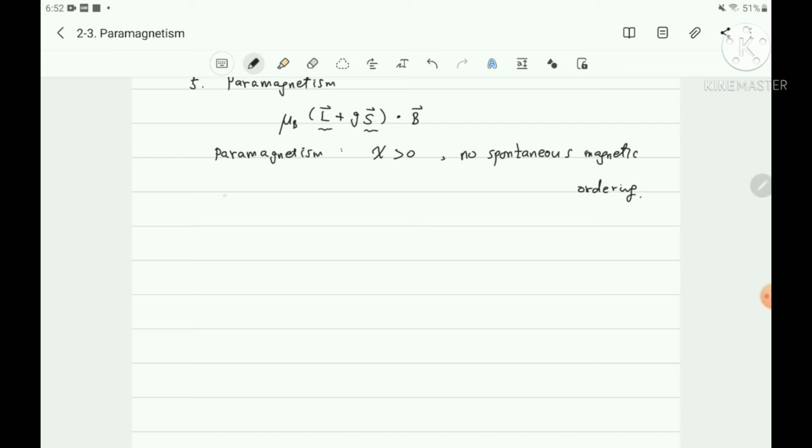For example, as we said, angular momentum has 2, 1, 0, minus 1, minus 2 for the L equal 2 case.